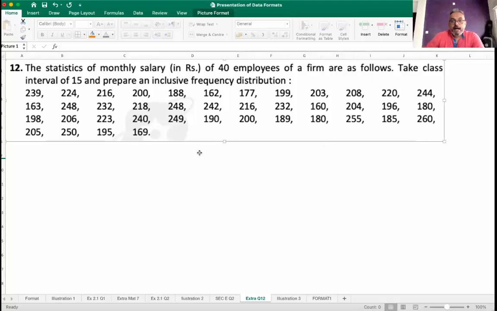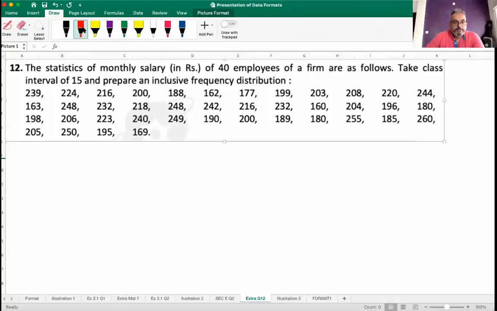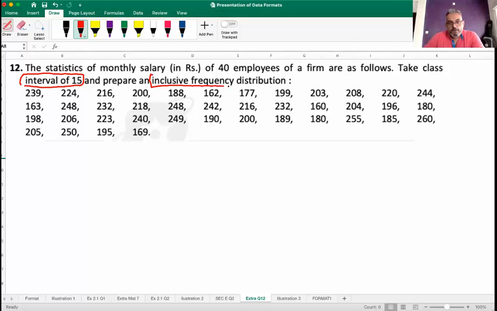Take class interval of 15 and prepare an inclusive frequency distribution. So inclusive also and interval of 15 also.